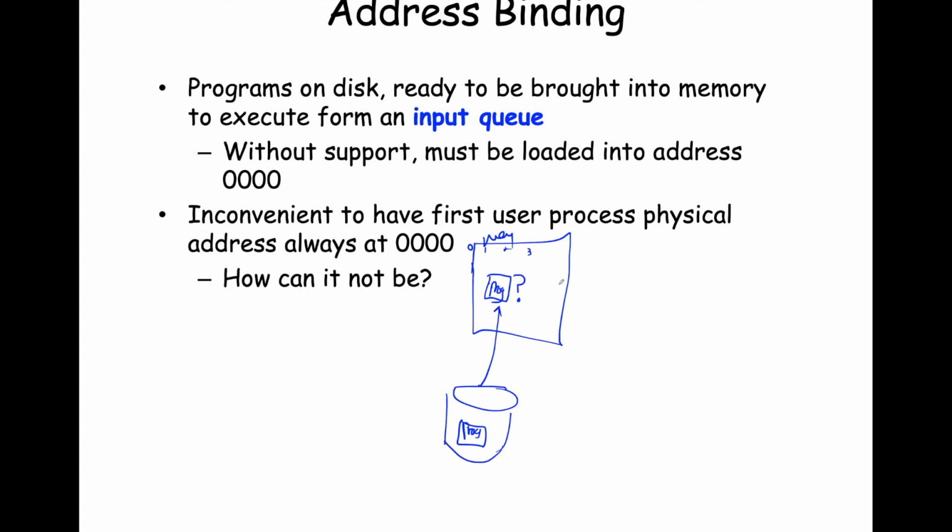But when your program is executing, your program says there's the first instruction, here's the second instruction, there's a third instruction, and so forth. So to your program, you have a bunch of instructions: the first instruction, second instruction, third instruction, etc., up to some maximum instruction, the kth instruction. And so programs on disk that are ready to be brought into memory to execute form an input queue.